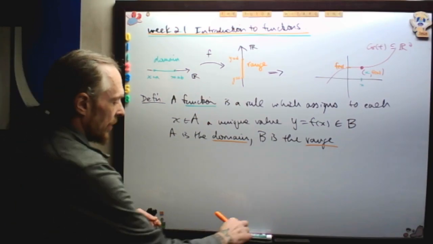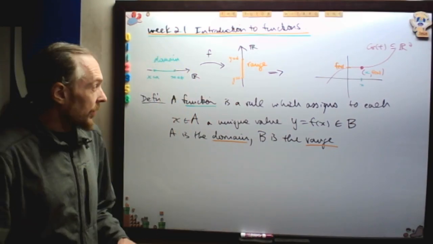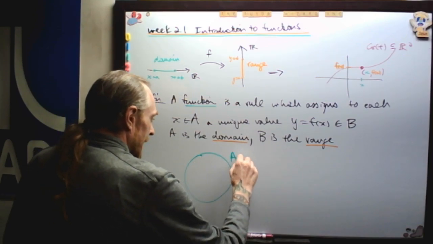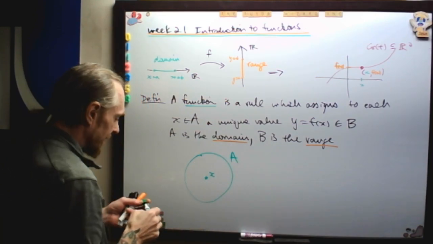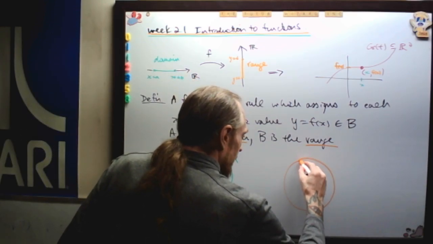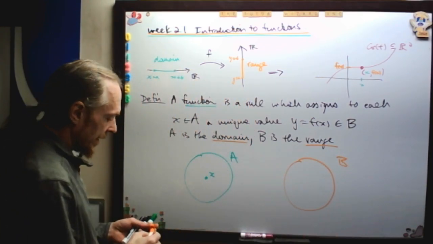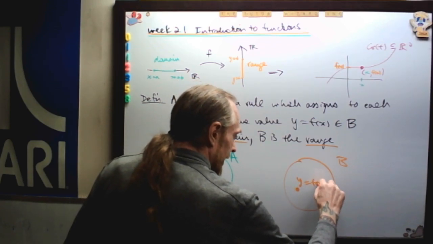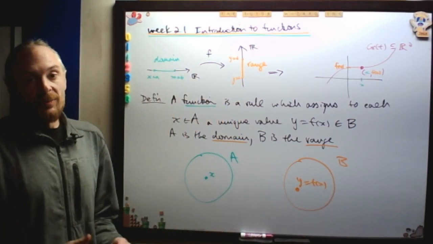We can, of course, also do this pictorially. So we can have our set A and pick a point x in here. And then we can pick our set B. This is our range. And we need a point which is y equals f of x. So basically a function is moving points around.